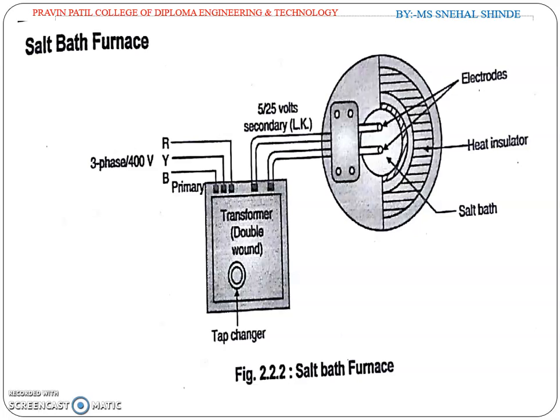The precaution to be taken is that the poisonous gases which are produced during the stirring action of molten salt must be thrown out. This is done with the help of an exhaust fan.